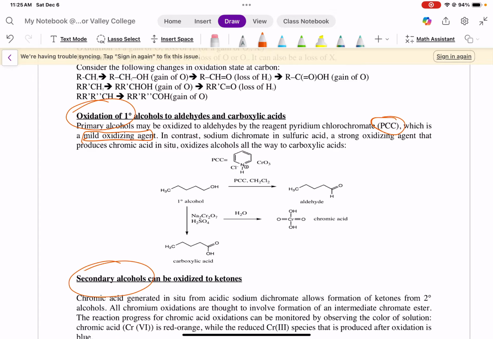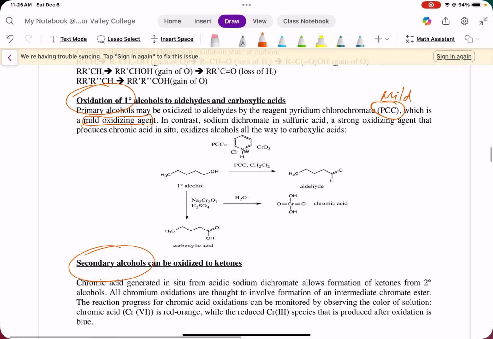PCC is one, and the other one is Swern. Now if you use PCC, that's mild. We got an aldehyde. If we use a strong oxidizing agent, we got carboxylic acid. That's sodium dichromate in sulfuric acid.